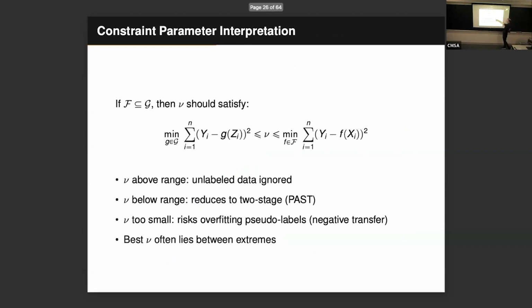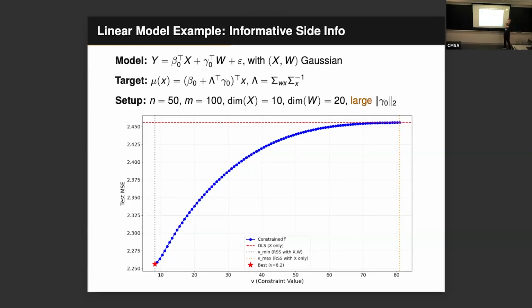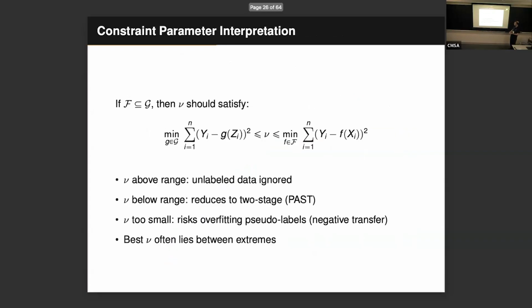And in that case, it's not surprising that these plots show that I'm converging to the X-only case. This is a case where it is true that you would want to take nu to be as small as possible, so that the MSE is smallest when I take the smallest feasible constraint. And in that case, that corresponds exactly to that method that Xia and Wainwright proposed.